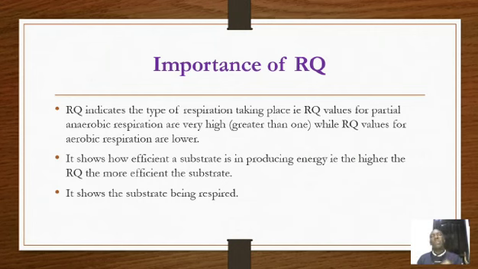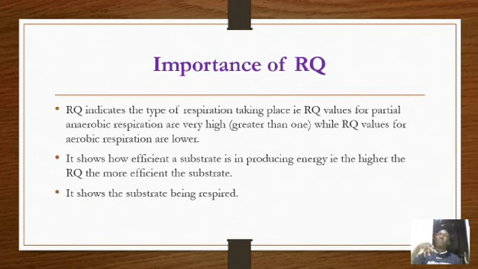Now, RQ indicates the type of respiration occurring, whereby organisms that carry out complete aerobic respiration, in other words, using only oxygen, their RQ values are very low. Therefore, lower RQ values may indicate aerobic respiration.